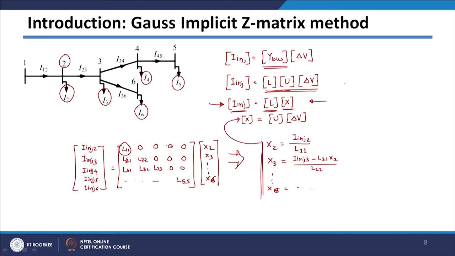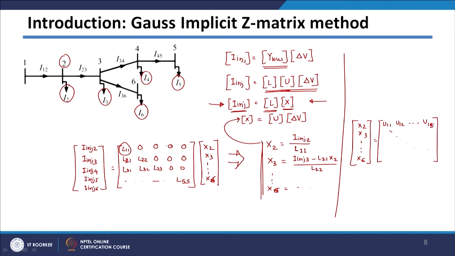So in this case this next matrix will be X2, X3 and up to X6, that will be equal to this upper triangular matrix, U11, U12 and up to U16, U15 and up to U55, and these elements will be 0 here.